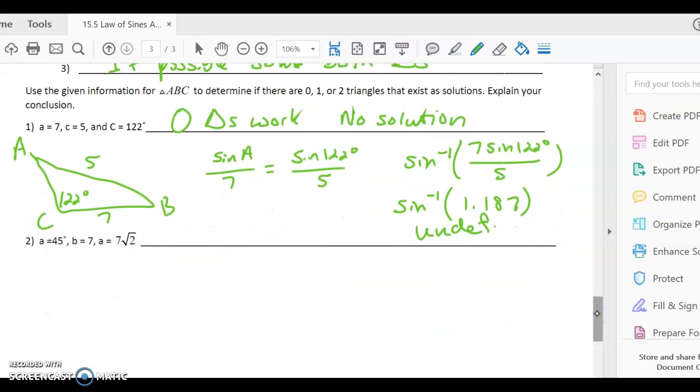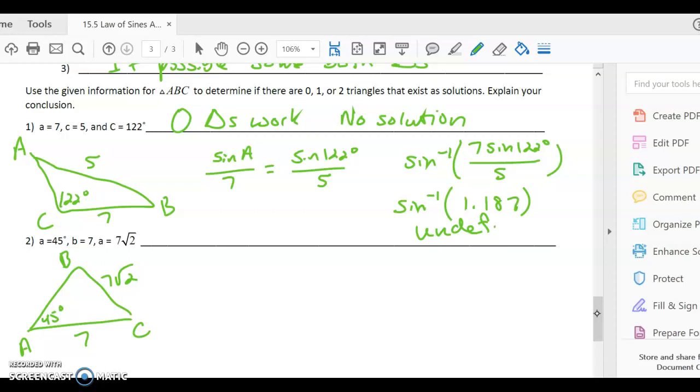All right, number 2. If we set this one up, we get A is 45, 7 rad 2 is opposite it, and we have B is 7. So again, side-side-angle given. Now if we look, we know 7 rad 2 is longer than 7.